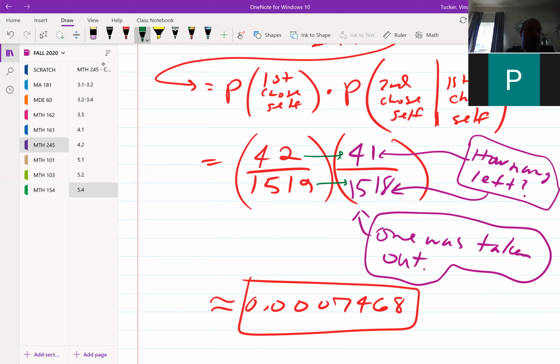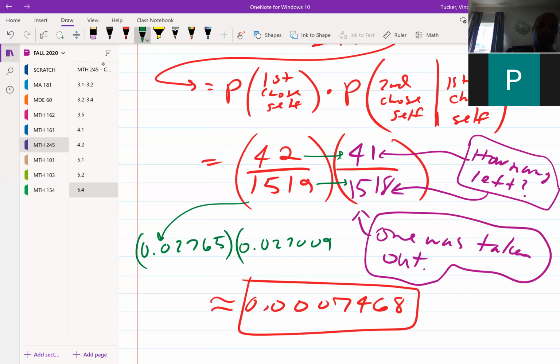42 divided by 1519. That's 0.02765. And then 41 divided by 1518, 0.027009.